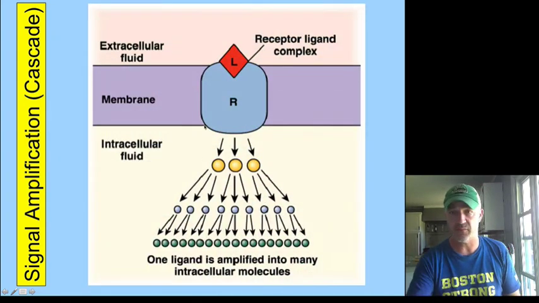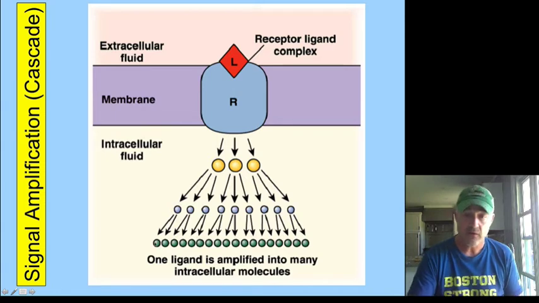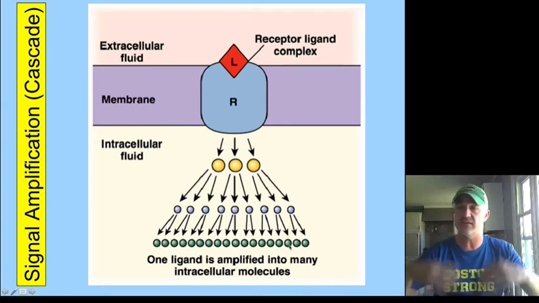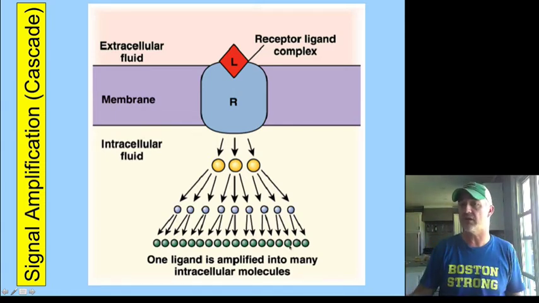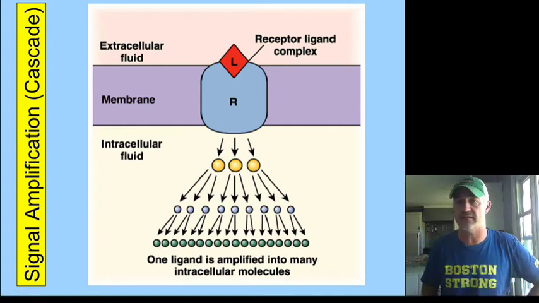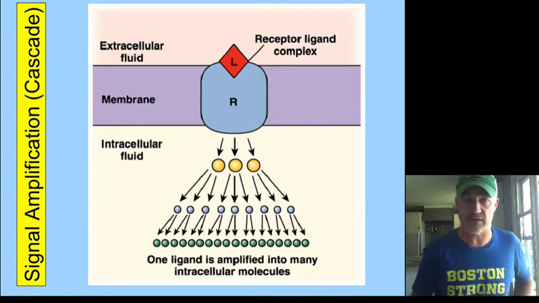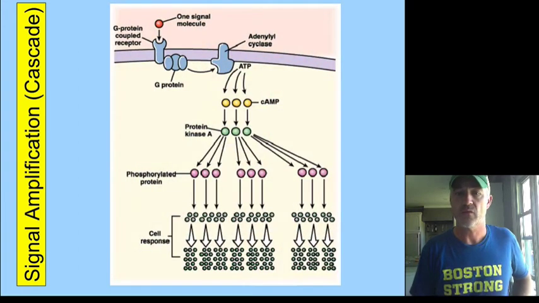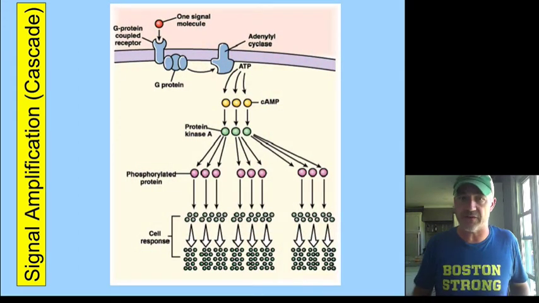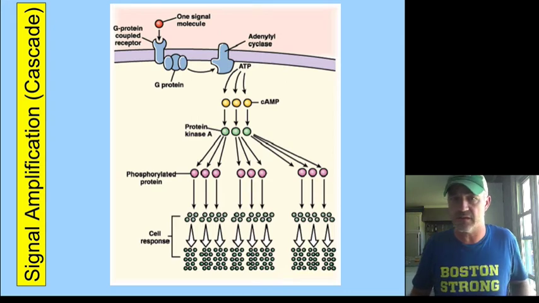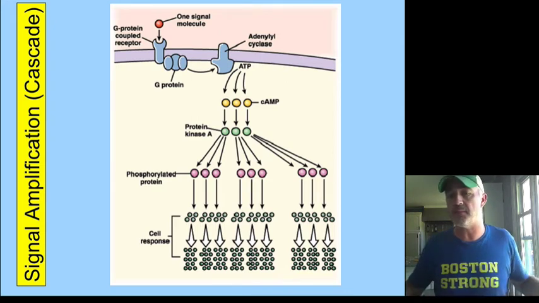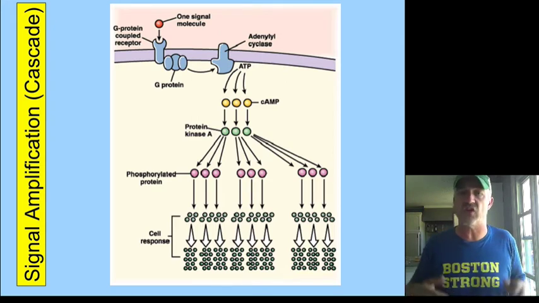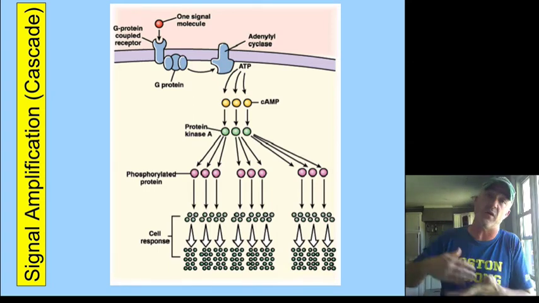So, for example here, you might get one receptor binding here, but this might be able to activate 3 proteins here, which activate 3 proteins each down here, which activate 2 each down here, and you can see how that signal can get much bigger from that single signal at the beginning. So this is that idea of amplification or divergence of the signal. And again, just showing you a couple different times here with some different systems, how you can get each of these activating multiple things, and get a much larger cellular response from a very small initial signal.